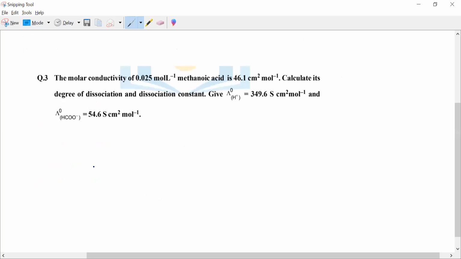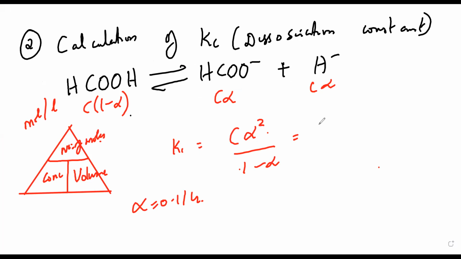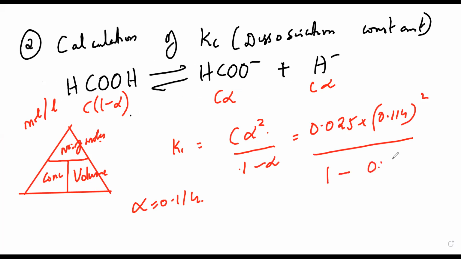This C value is nothing but 0.025. So 0.025 into alpha square, so 0.114 whole square, by 1 minus alpha, 1 minus 0.114.